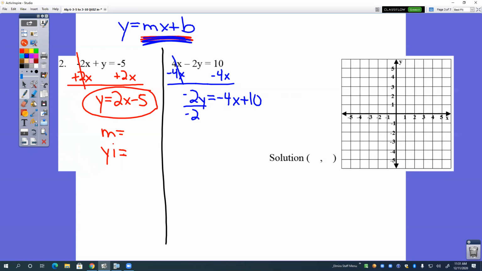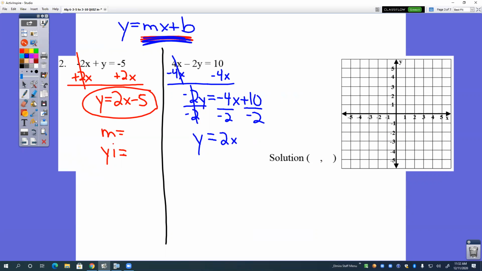The opposite of times is divide. Remember that when you divide, you have to divide each and every term by that number. So divide by -2, divide by -2, divide by -2. Those cancel out. So now we have what we wanted. We have that y equals all by itself. Be careful right here. -4 divided by -2 is a positive 2.